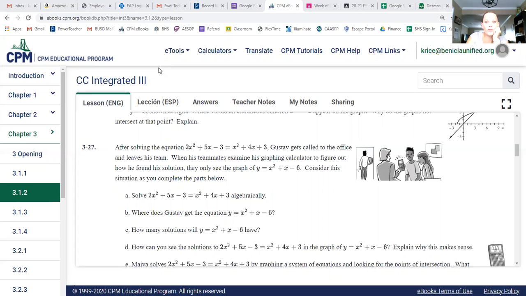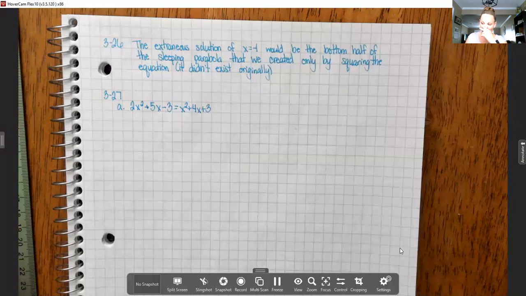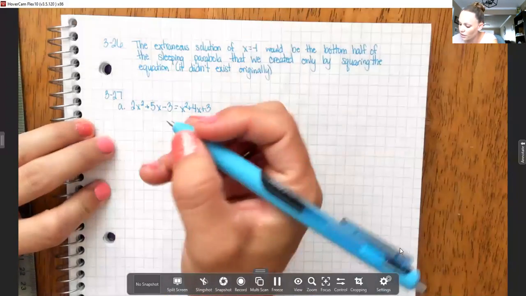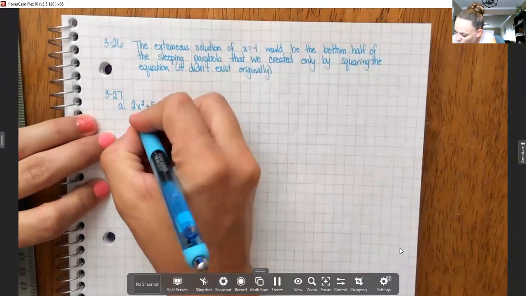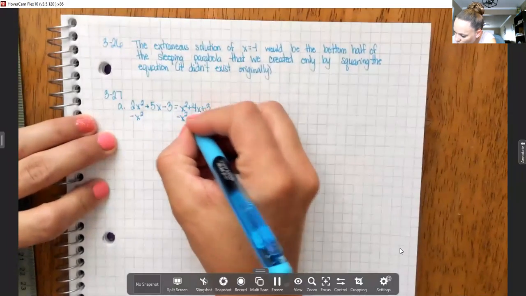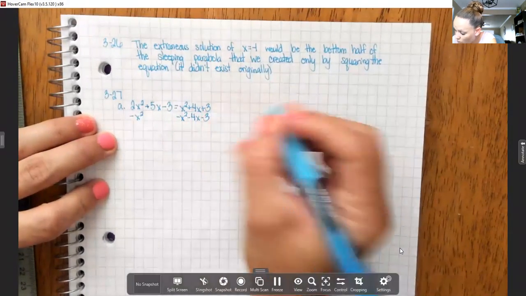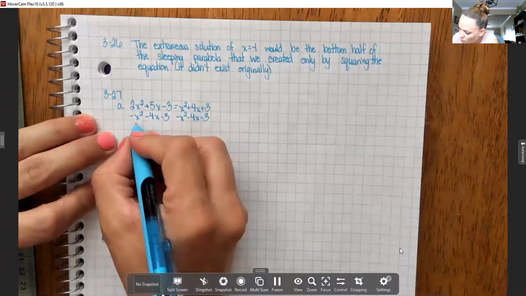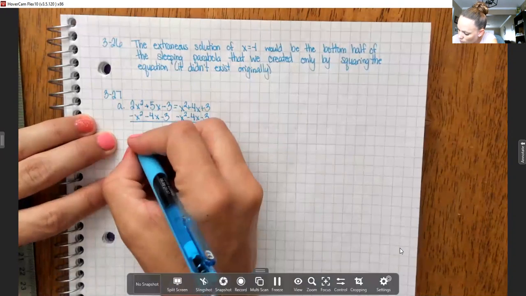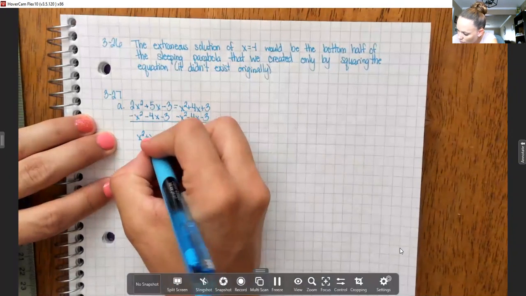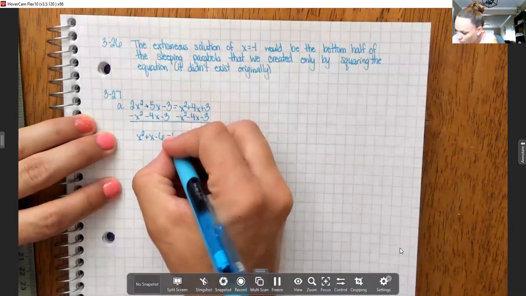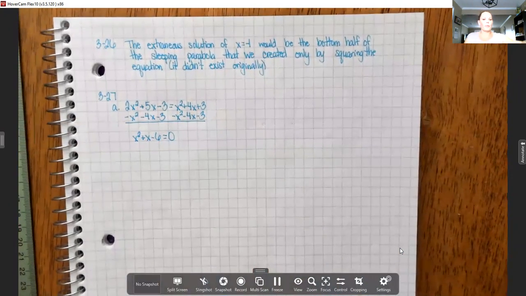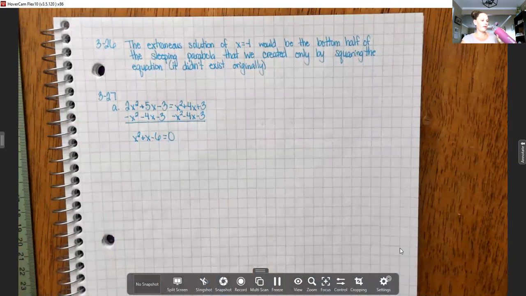So to solve this algebraically, you want to get it equal to 0 because it is a quadratic equation. So I'm going to just move everything from the right side. So x squared plus x minus 6 equals 0. Same thing: factor, quadratic formula, complete the square.